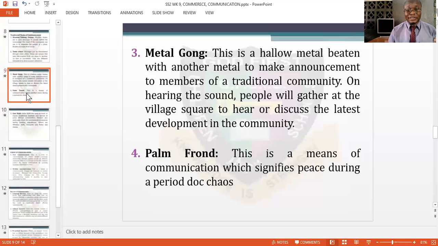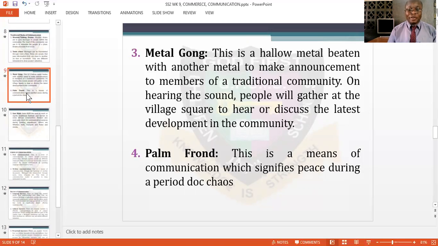On hearing the sound, people will gather at the village square to hear and discuss the latest development in the community, or whatever they want to pass to the people living in the community.